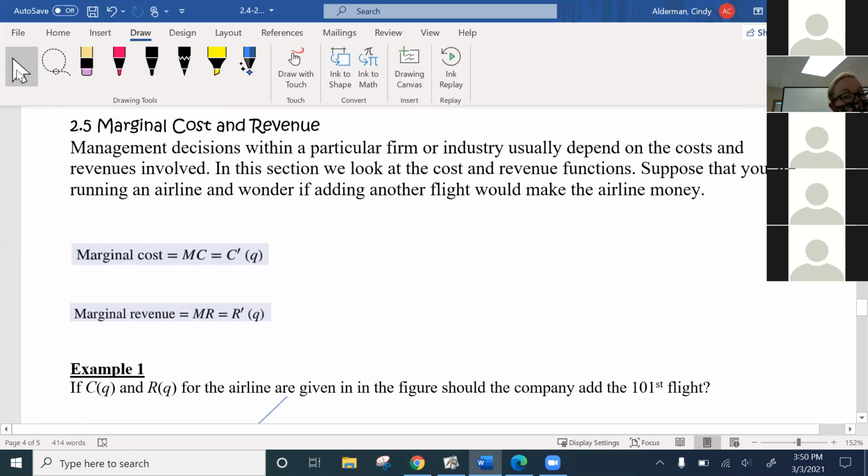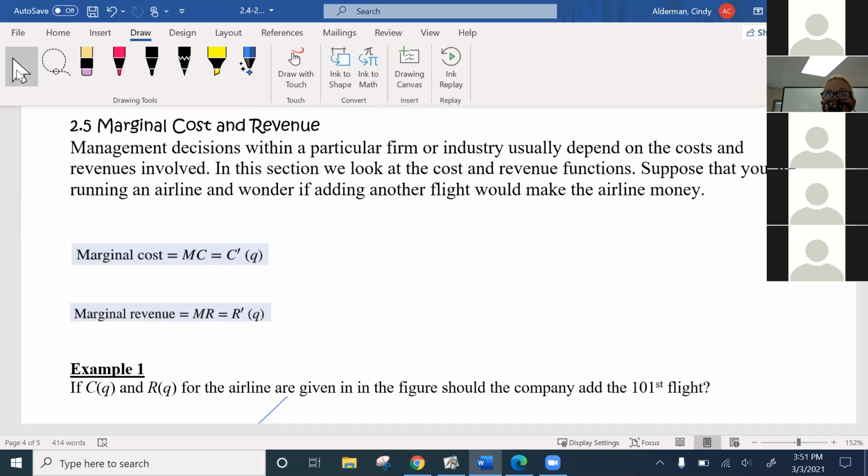Okay, so now we're going to move on to marginal cost and revenue. So management decisions within a particular firm or industry usually depend on the cost and revenues involved, right? In this section, we're going to look at the cost and revenue functions. So suppose that you're running an airline, for example, and wonder if adding one more flight is going to make the airline money or not, right?